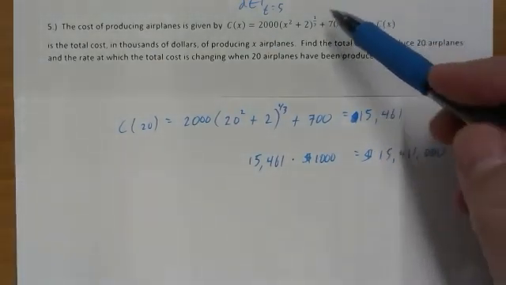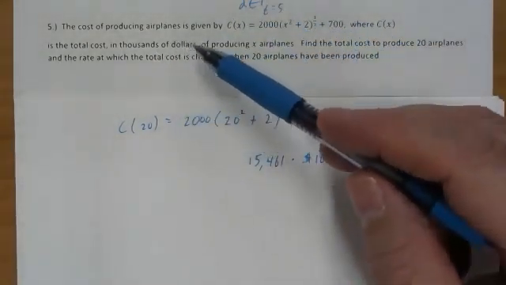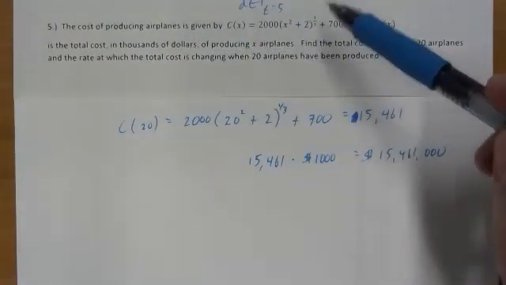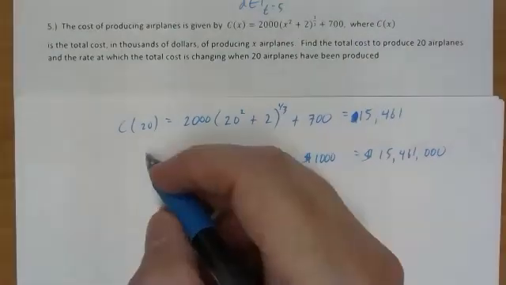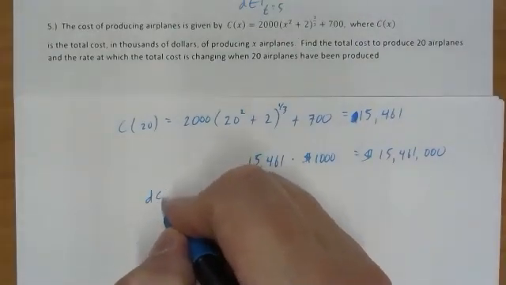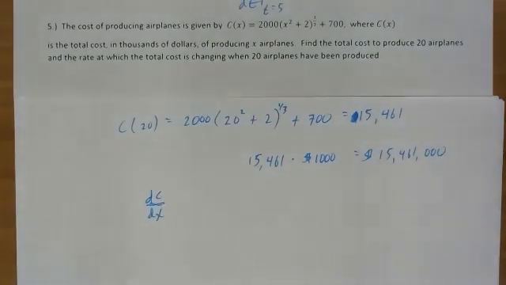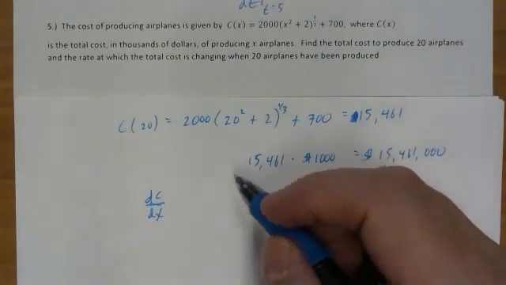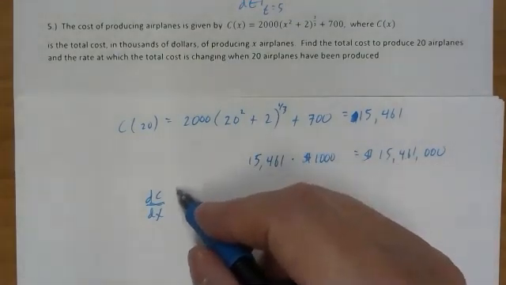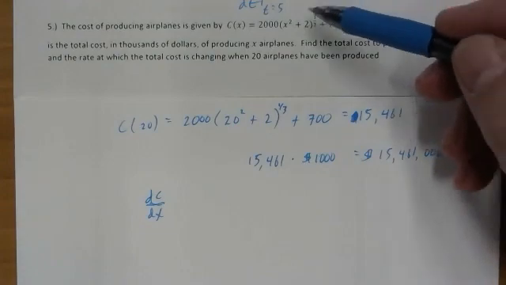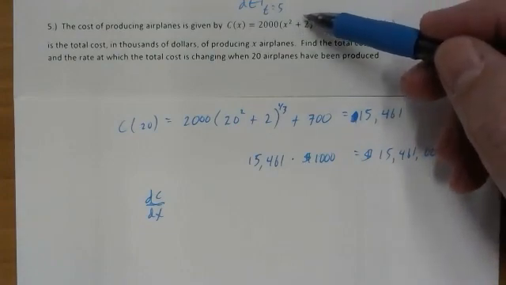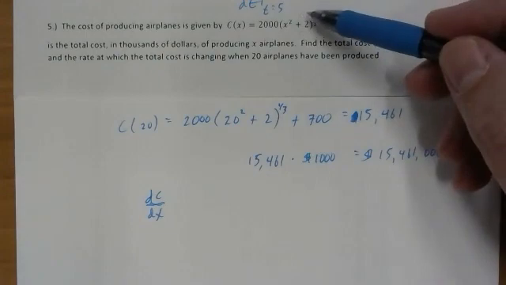Now the second part of the question is, and the rate at which the total cost is changing when 20 airplanes have been produced. So you take your equation and you want to see how things are changing based upon the number of planes that's being produced. So you simply take the derivative. Now in this case, well, we haven't done it yet.